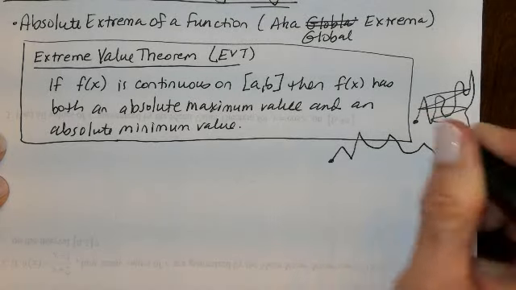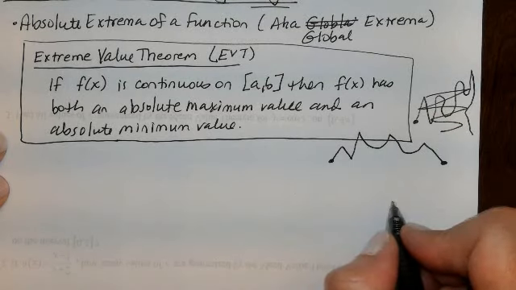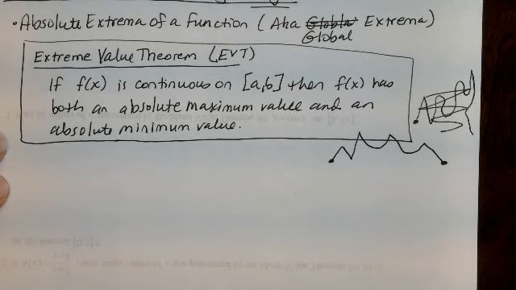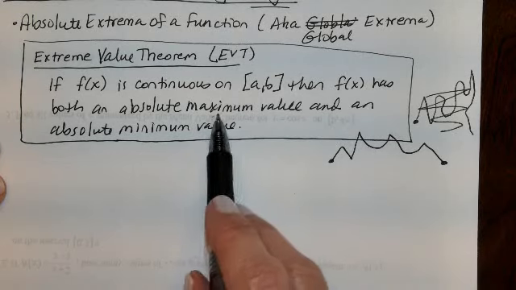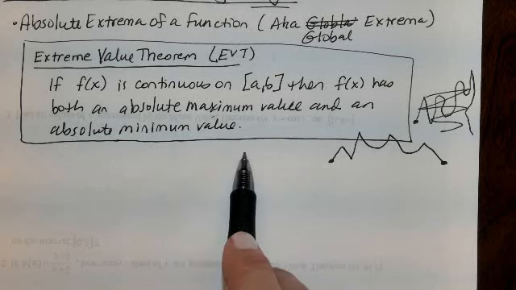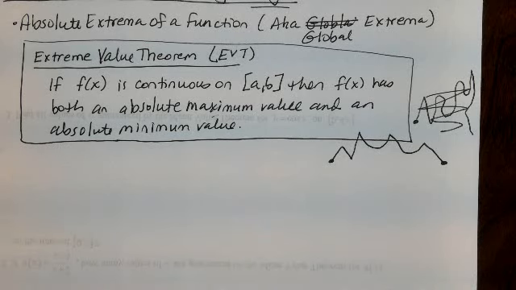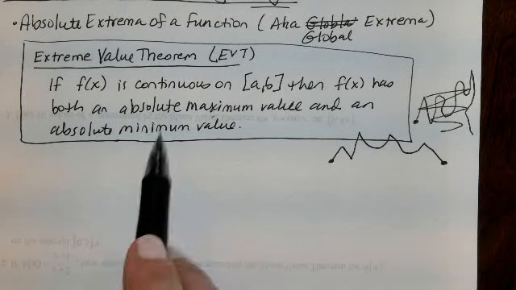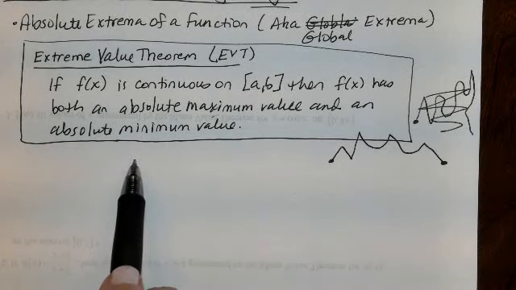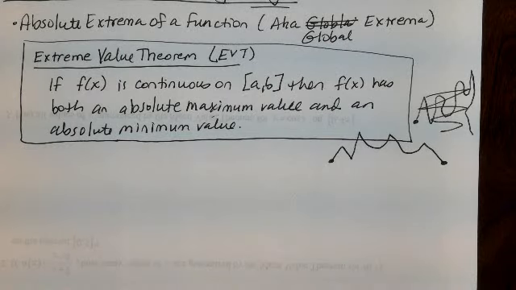But if it's continuous on a closed interval, then it has to have a maximum value and a minimum value. That maximum or minimum could occur at two different x points, but it would be the minimum value or the maximum value of the function. Remember that maxes and mins are the y values. So it makes total sense.